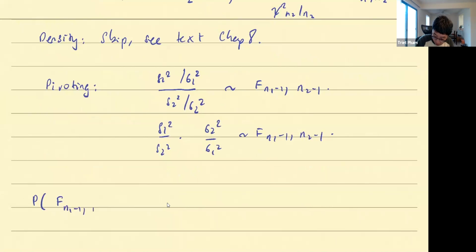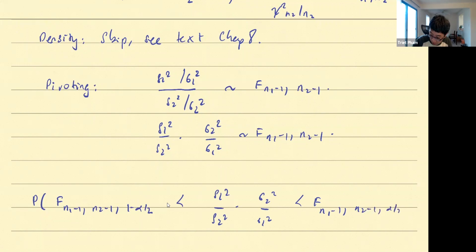F n1 minus 1, n2 minus 1, 1 minus alpha over 2, less than this. Yeah, just the writing now of that is annoying. The rest is fine.